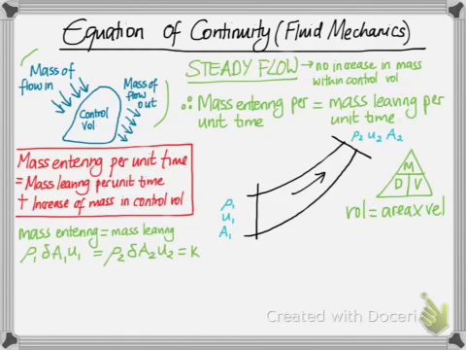We can take this a little bit further if we then talk about incompressible fluids. So let's get another color here. Density does not change because the fluid cannot be compressed. It remains occupying the same amount of space. So density is constant.